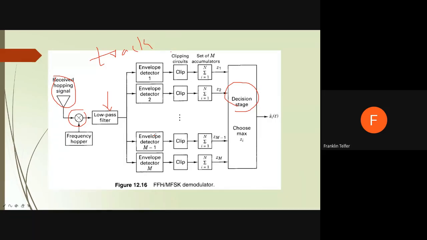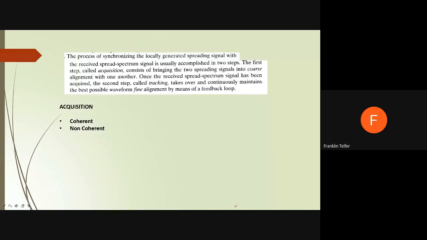This can be classified into two types: acquisition can be classified as concurrent and non-concurrent. We have used FHSS and DSSS, which are non-concurrent, where acquisition and tracking don't have timing and frequency together.